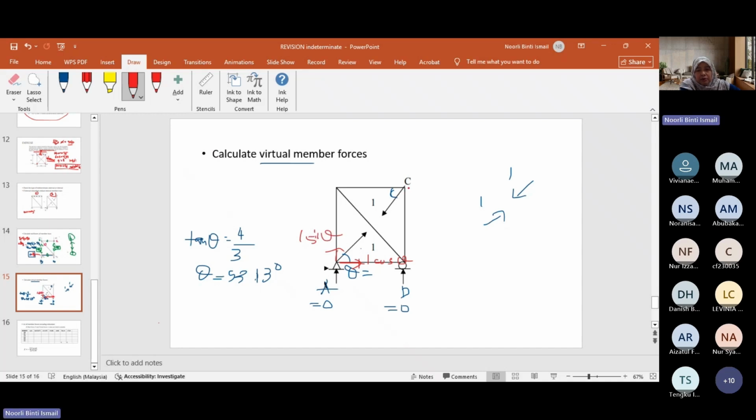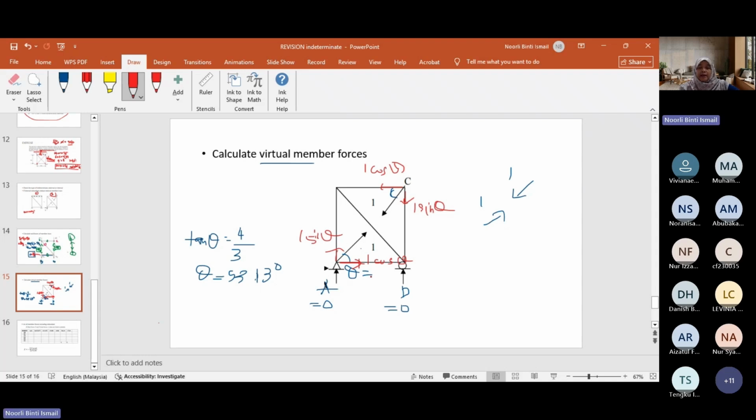And then this one also. Sini 1 cos theta. And this one also 1 sin theta. If you look at the direction, it also already balanced. Ke kiri, to the left, to the right, and then upward, downward. So that's why VAVD is 0 lah.